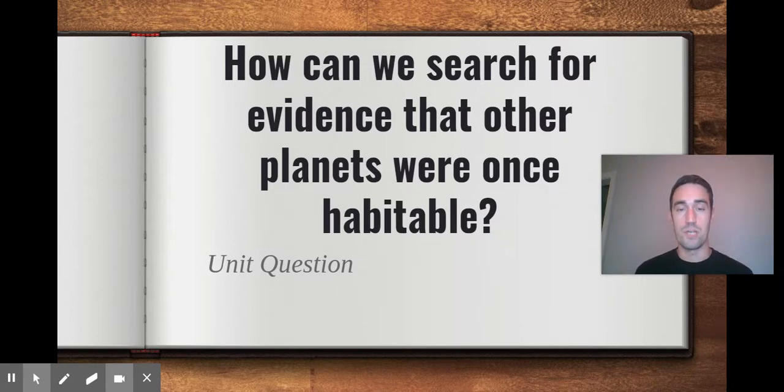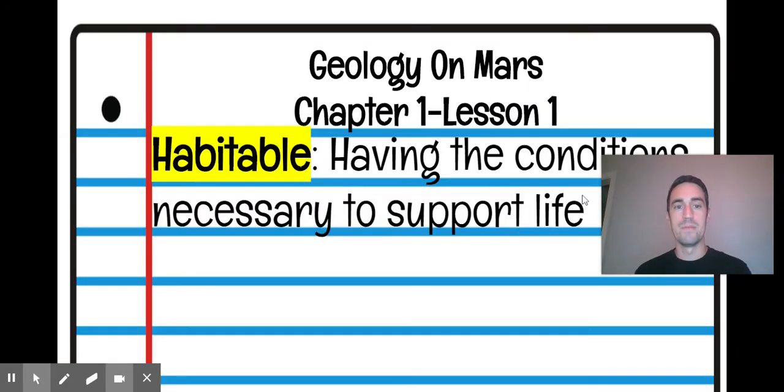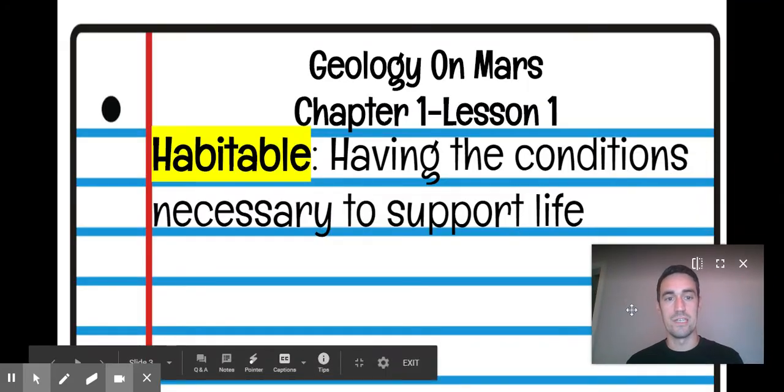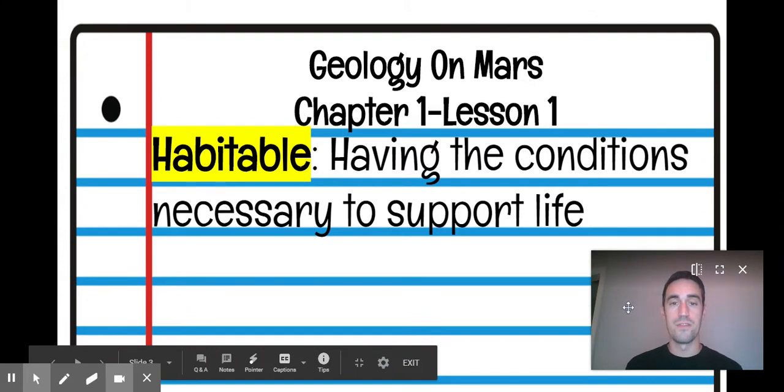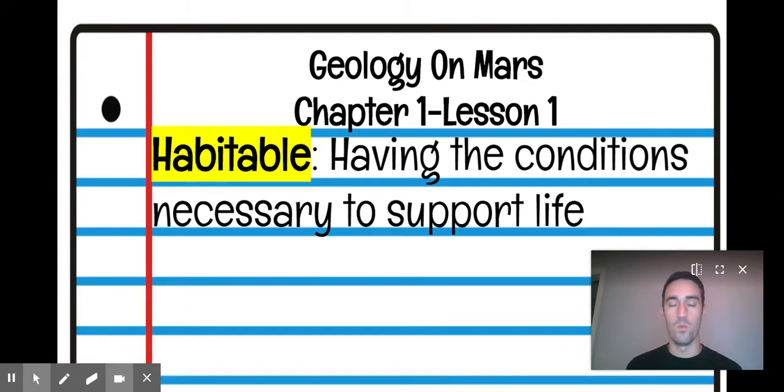So our big unit question for this, and we're going to answer a lot of questions throughout this unit, but the one we're going to keep coming back to is, how can we search for evidence that other planets were once habitable? When we say other planets once habitable, we need to know what habitable means. So habitable means having the conditions necessary to support life. When you think of a planet that has life on it, what do you picture in your head? You're going to answer that in just a little bit, what you think makes a planet habitable.